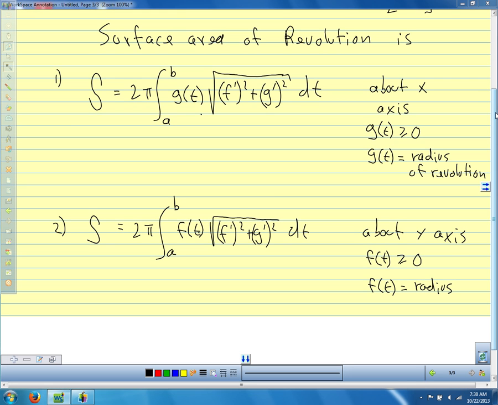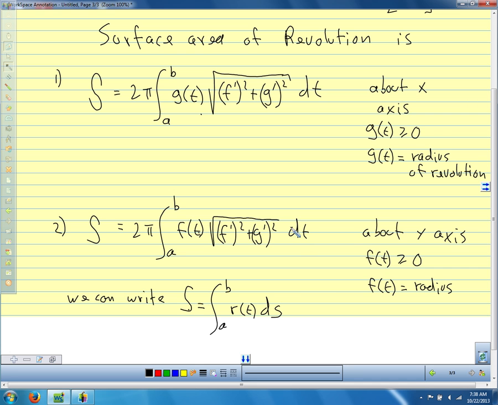And it's going to be convenient, as we'll use it more second semester, but this square root of f prime squared plus g prime squared dt, if we think of that as a little increment of arc length, and we call that ds, we can write that our surface area is, and I'll make my s big because I've been using a big S for surface area, integral from a to b of r of t ds, where ds is this square root of f prime squared plus g prime squared dt.